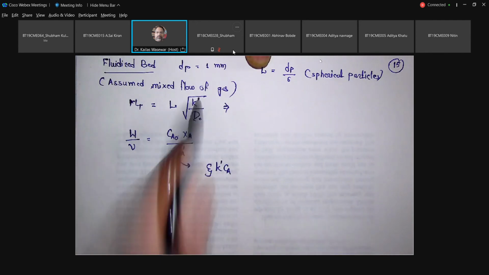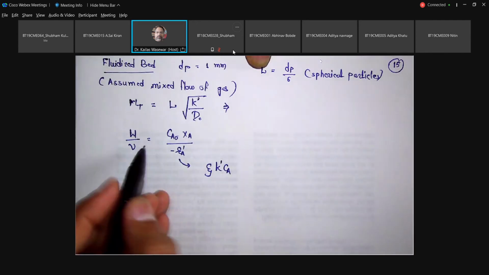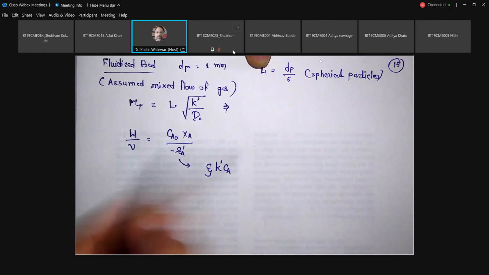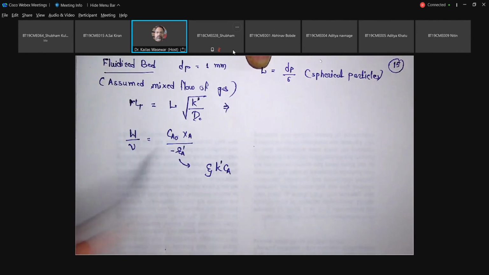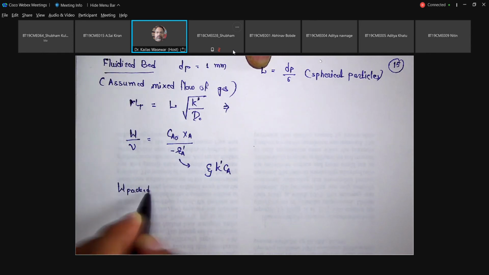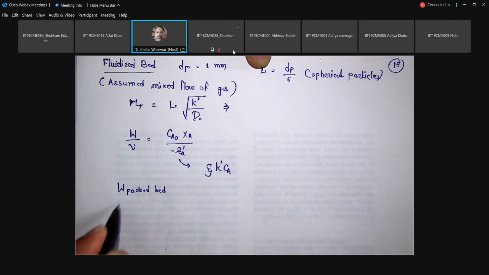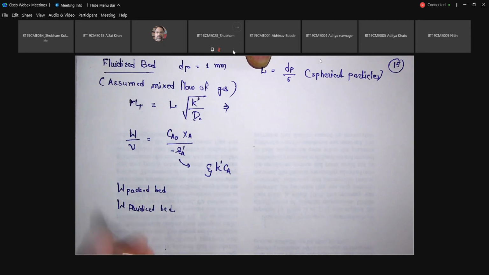So doing these calculations, you can reach the value of W. By comparing W for the packed bed and the fluidized bed, you can decide which one is better.